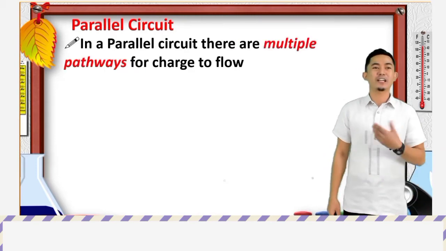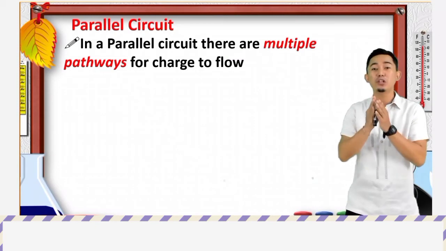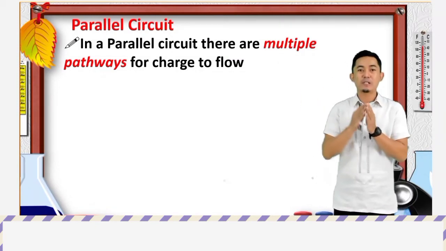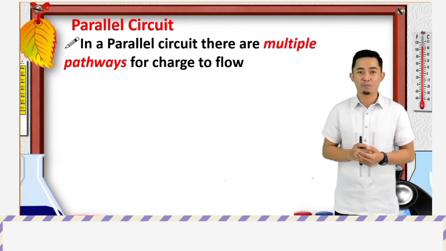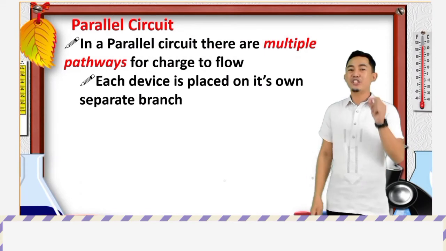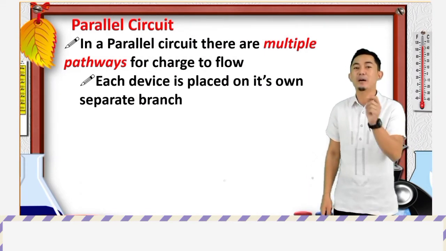In a parallel circuit, as I've said a while ago, class, there are multiple pathways, meaning many pathways for charge to flow. Okay? Aside from this, each device is placed on its own separate branch.